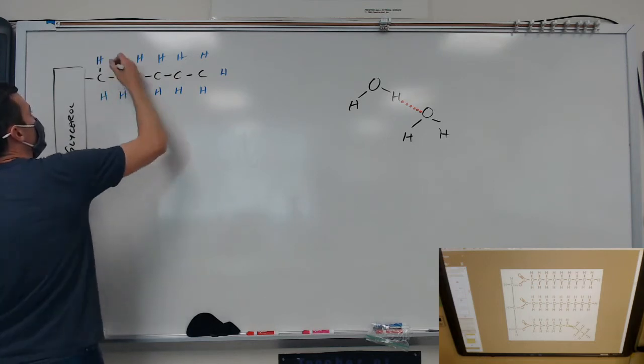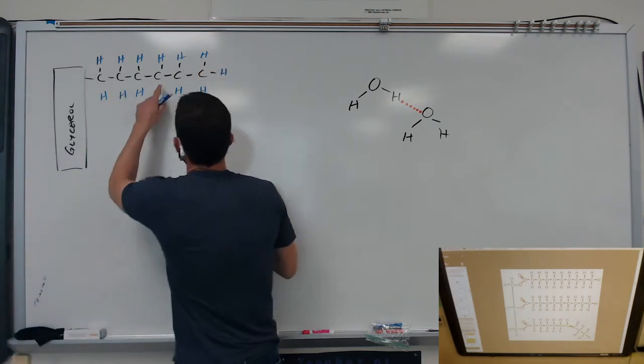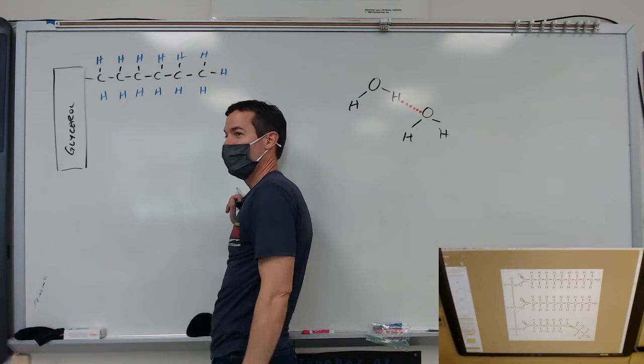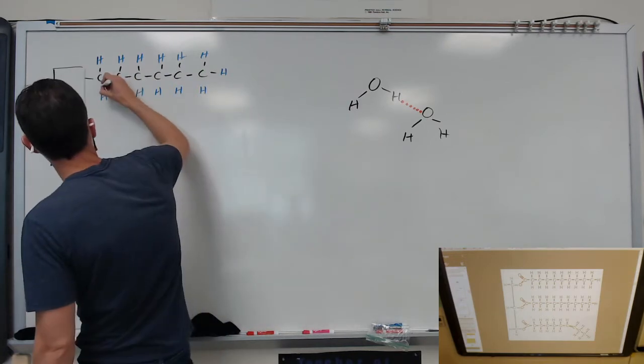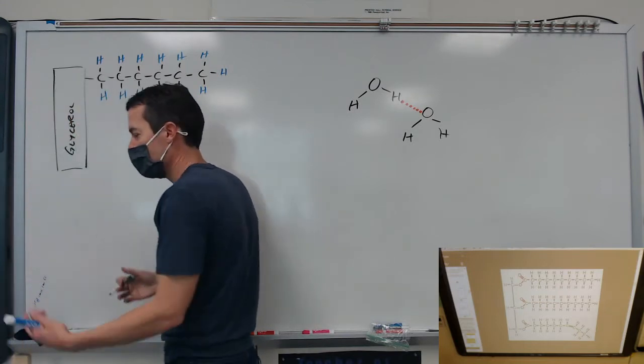All right. Got bonds. What kind of bonds are these if they're straight lines or solid lines? Covalent. Yeah, covalent bonds are always straight lines, or solid lines. I guess they can be angled.